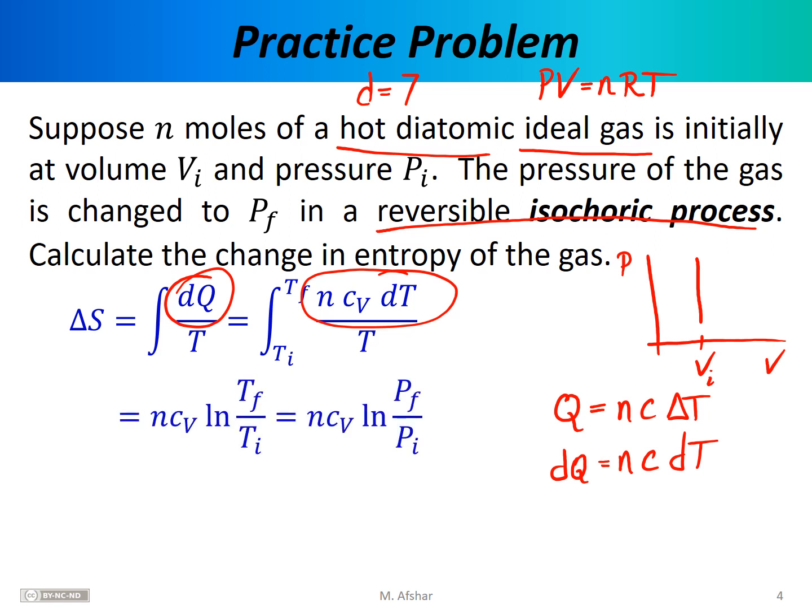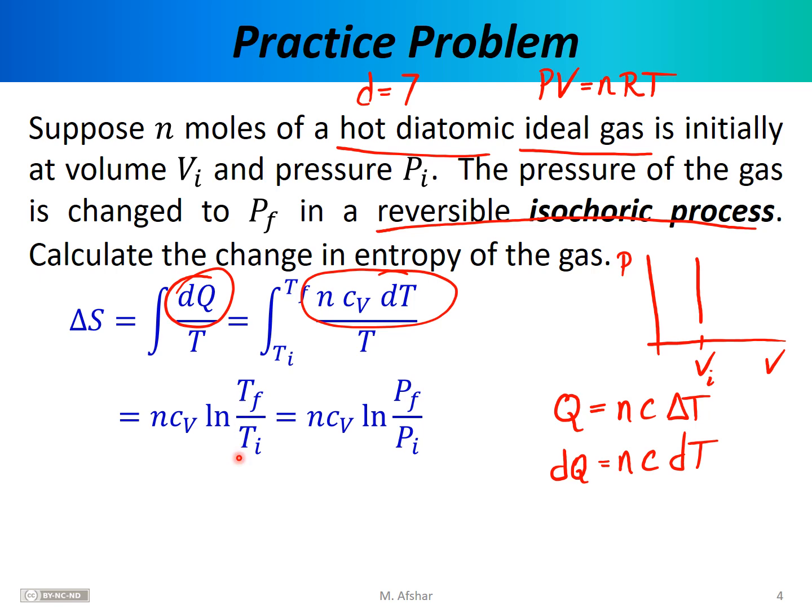The integral of dT over T is simply the natural log of T. Of course, we have to substitute the limits of integration. Notice that the limits of integration should match the variable of integration. So if we're integrating with respect to temperature, then we need to know the initial and final temperatures. When we substitute in the limits of integration, what we get is nC_V natural log of T_F over T_I.